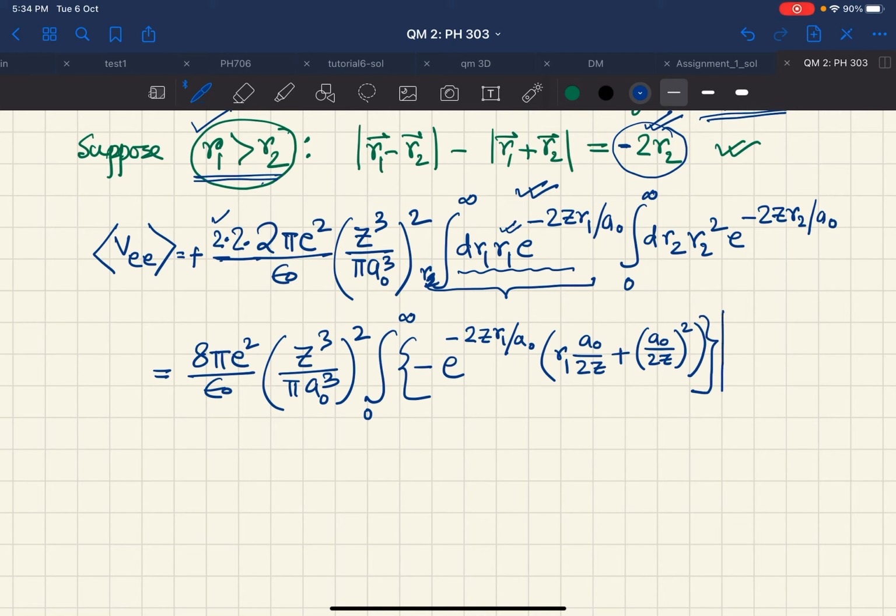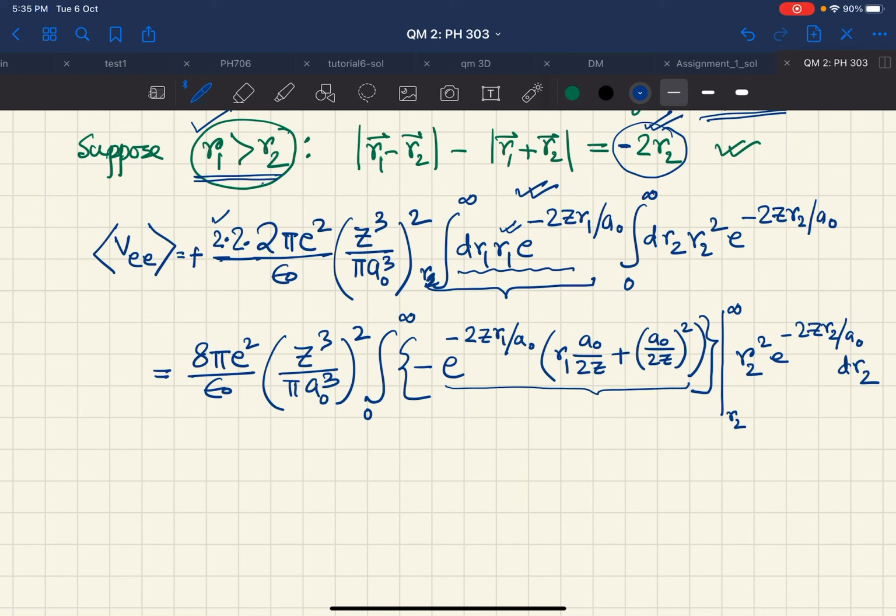In fact, you need to put the limits R2 to infinity, and then we have the standard R2 integrals, R2 square e to the minus 2z R2 by a0, and then dr2. But if you look at the upper limit infinity, this whole thing vanishes, because we have e to the minus infinity.